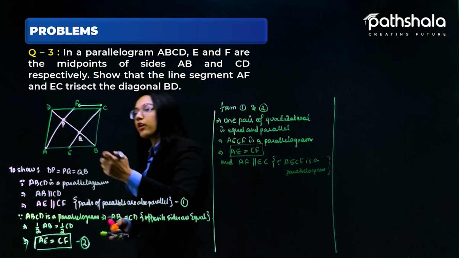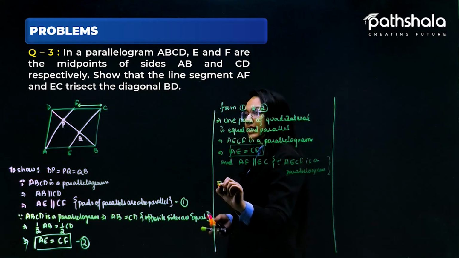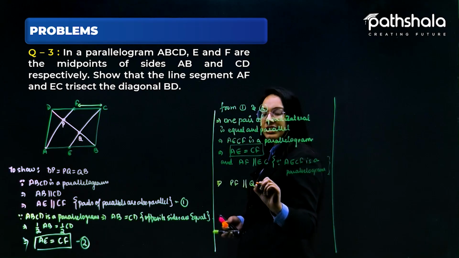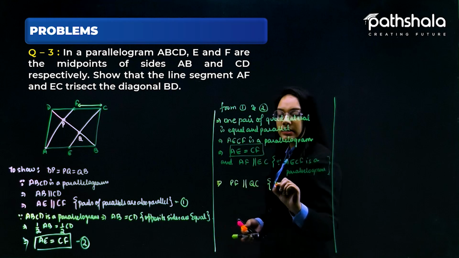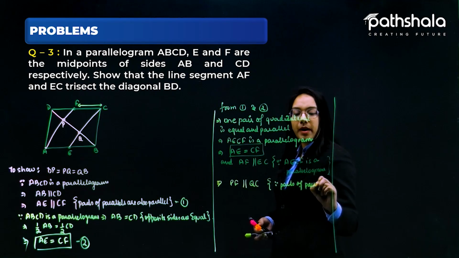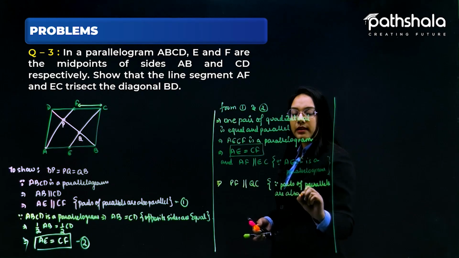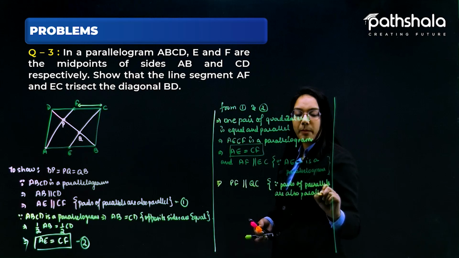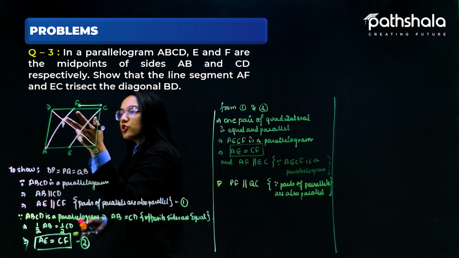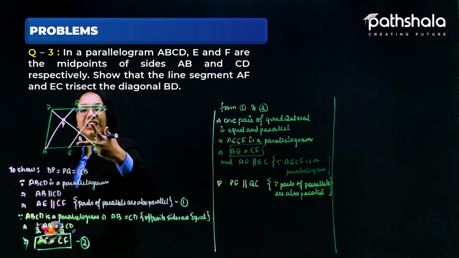Moreover, we can say that PF is also parallel to QC, since parts of parallels are also parallel, because PF is a part of AF, and QC is a part of EC.